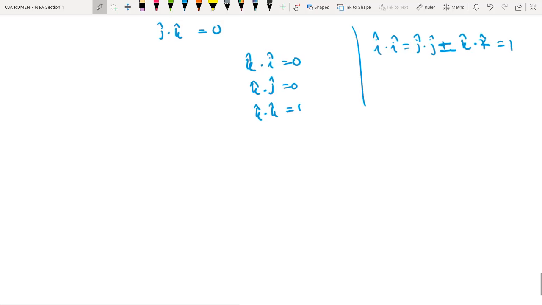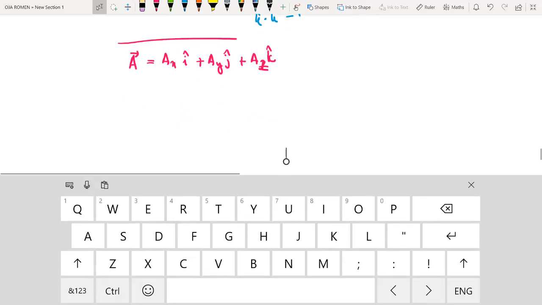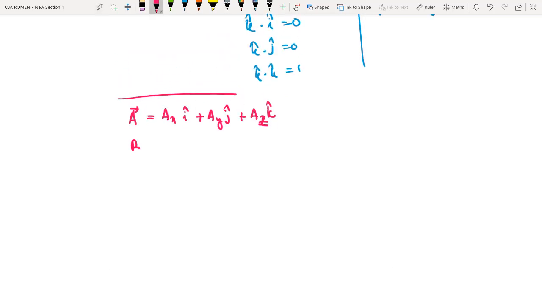Now say A is AXI plus AYJ plus AZK, and another vector B is BXI plus BYJ plus BZK.